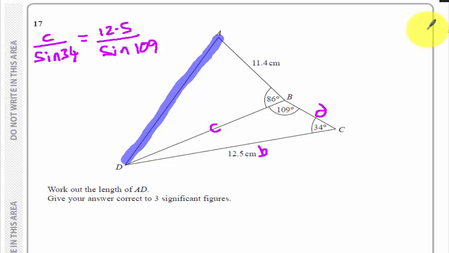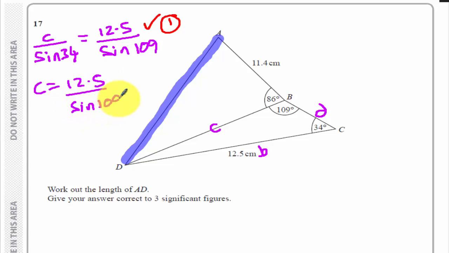Showing the examiner I know about the sine ratio will pick me up a mark. So C is going to be 12.5 over sine 109 times sine 34. It then just becomes a challenge of typing the right numbers in your calculator.